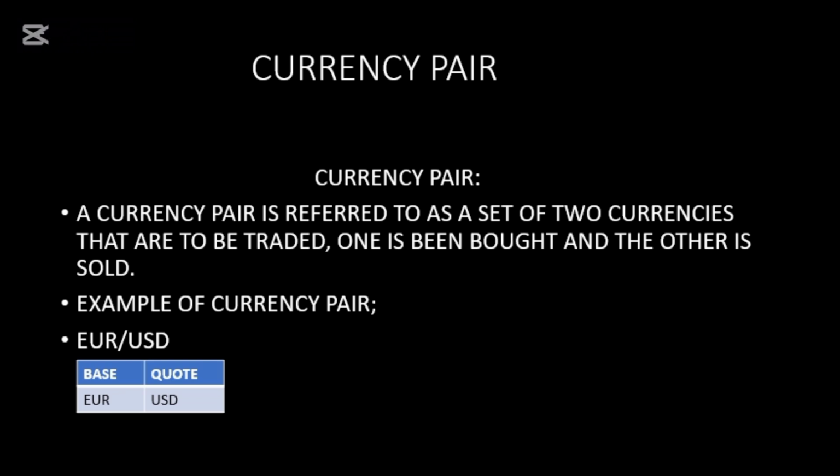For trading to take place, we have to combine one currency with another. Just as we have pairs of shoes, we have pairs of currency. Among other pairs, we have the GBP/USD and many other examples. But for this example, we have the EUR/USD, where the base currency is the euro and the quote currency is the USD.